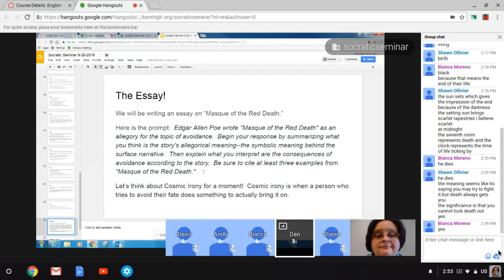So begin your response by summarizing what you think is the story's allegorical meaning, which means the symbolic meaning behind the surface narrative. The surface narrative is basically a prince locks himself in a palace and has a masquerade ball and dies. The allegorical meaning is the symbolic meaning.